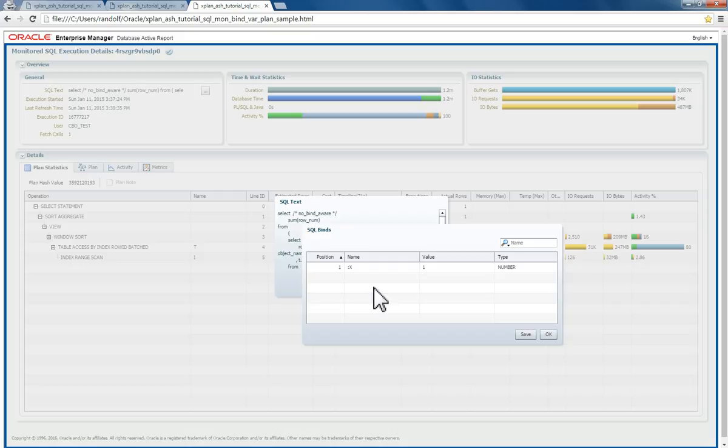If you do not have the tuning pack license, then you can only do cursor dumps or things like that to obtain this actual bind value information.